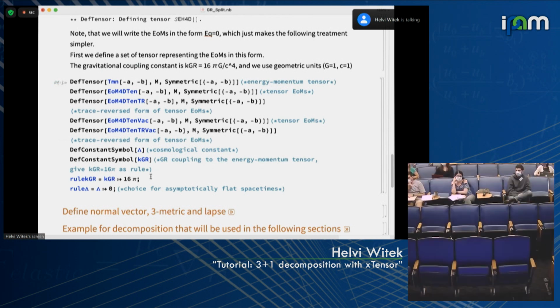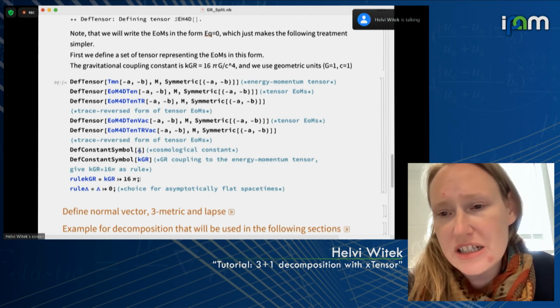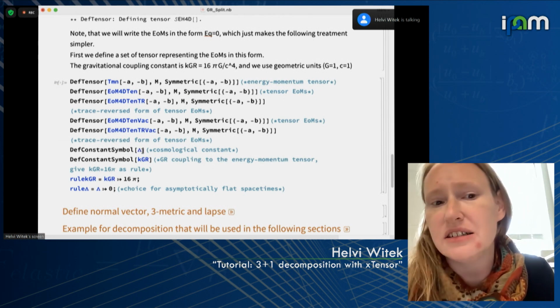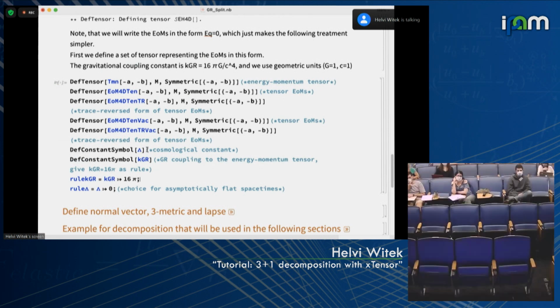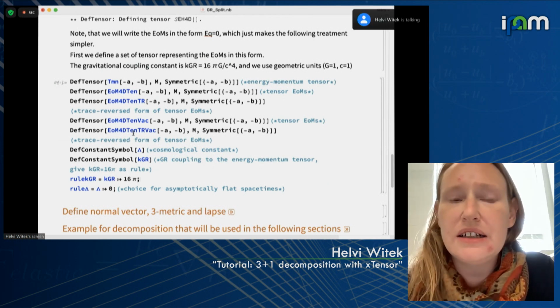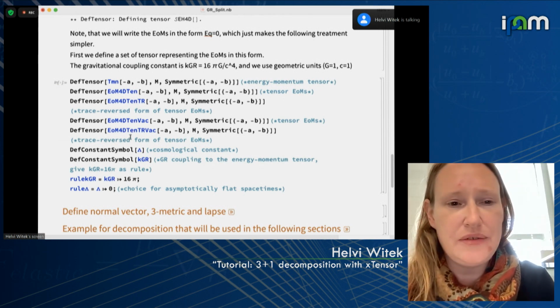Why do you need to define a constant? Yeah. So for example, my cosmological constant is a constant, right? It's not a scalar. So I make this explicit and define it as a constant symbol. If you just input it in Mathematica as lambda, it would just assume it's a constant. So this is specific for xTensor, right?